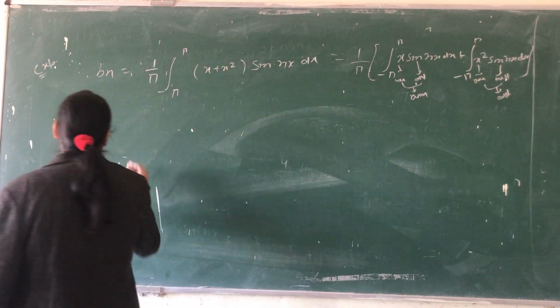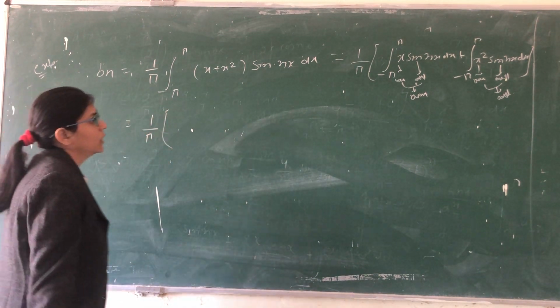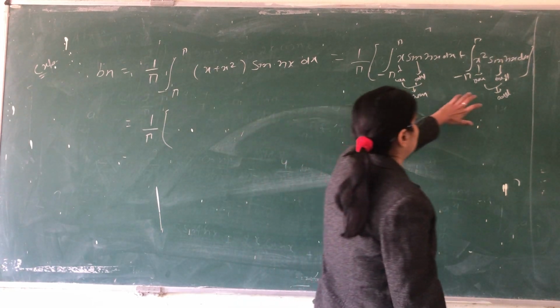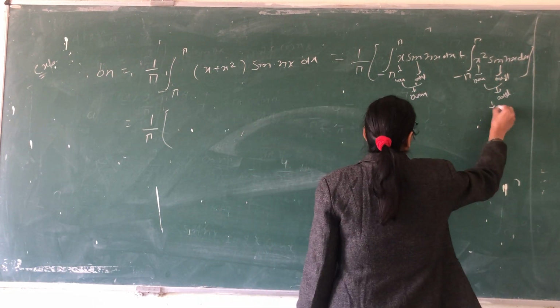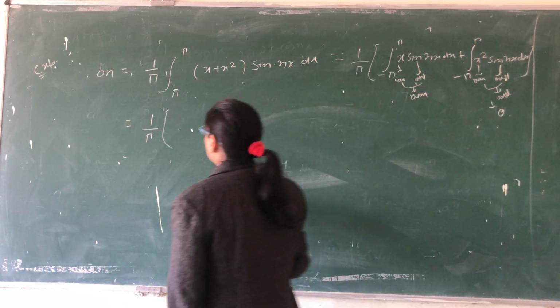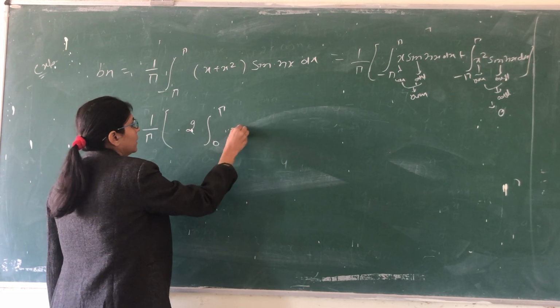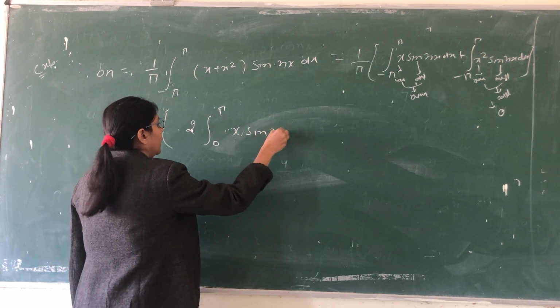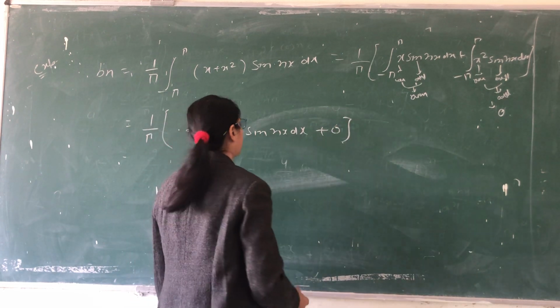So applying the basic conditions of integration, this integration becomes 0, and this becomes twice the integration from 0 to pi of x sine nx dx plus 0.